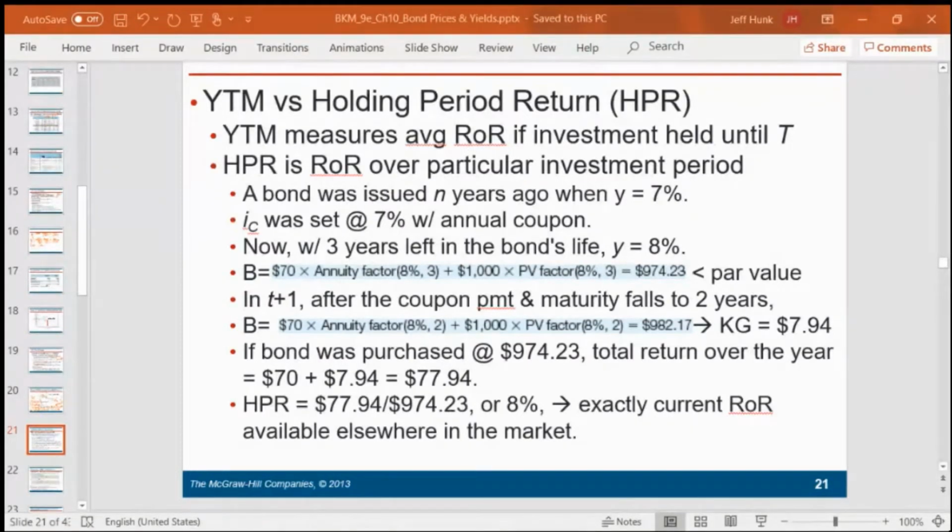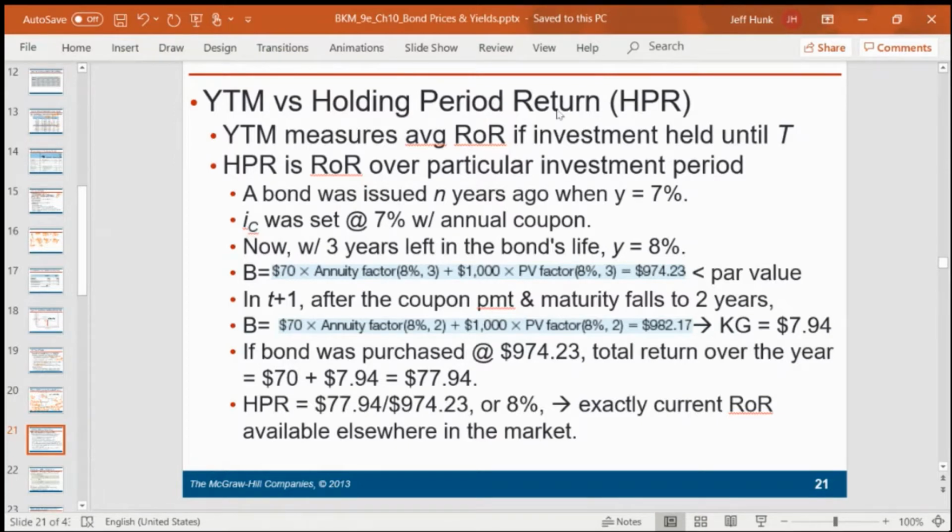Now, in our last video, we discussed how yield to maturity is the same concept as continuous growth rate, or continuous realized return, when all the coupon payments are reinvested at the same coupon rate.